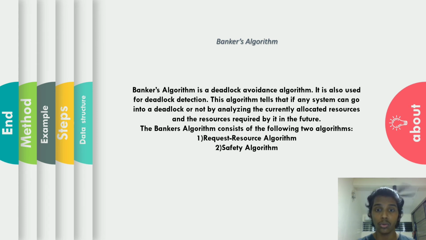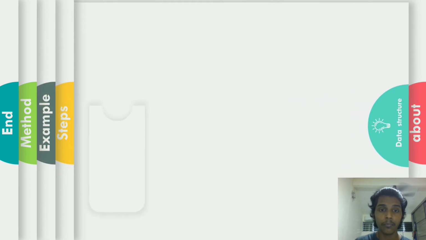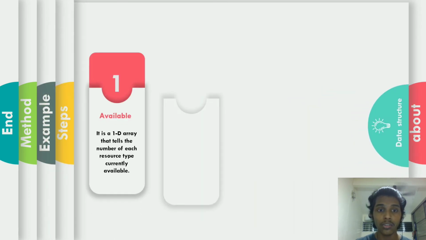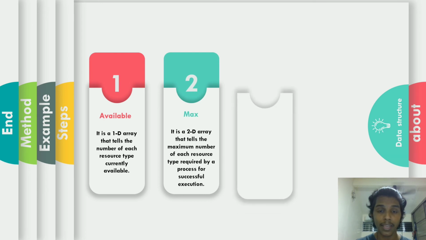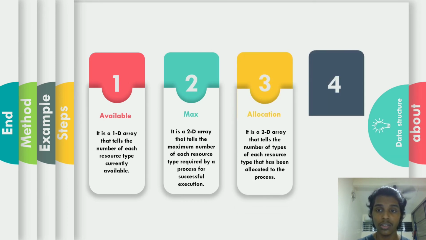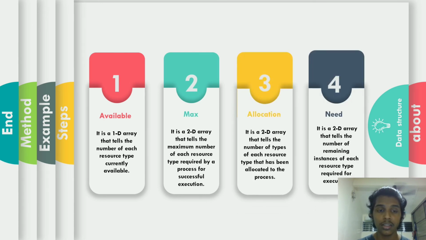Since my part only covers the safety algorithm, I'll explain about the safety algorithm. The data structures involved in Banker's algorithm are: one is Available, two is Max, the third one is Allocation, and the last is Need. Available is a one-dimensional array that tells the number of each resource type currently available.